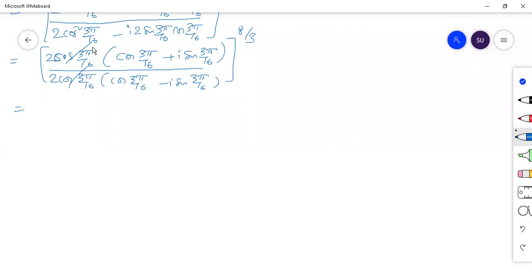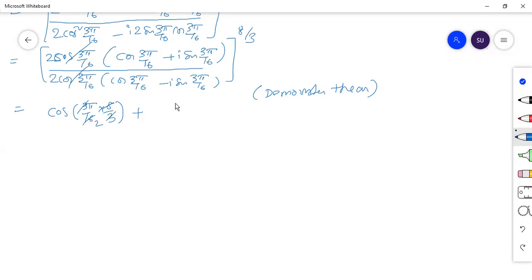Apply De Moivre's theorem. By applying De Moivre's theorem, multiply 8 by 3 with 3π/16 for all the terms. 3π/16 into 8 by 3. Here also same. So this is 2, 3, 3 cancel.